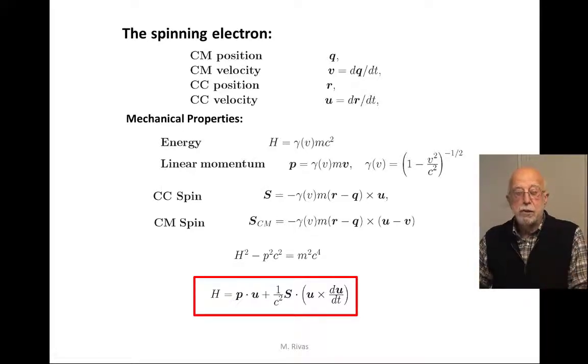When we quantize this model, h will be replaced by the time derivative operator, p by the gradient operator, so that in the quantum case, this relationship, acting on a wave function of the electron, will produce a first order partial differential equation system.